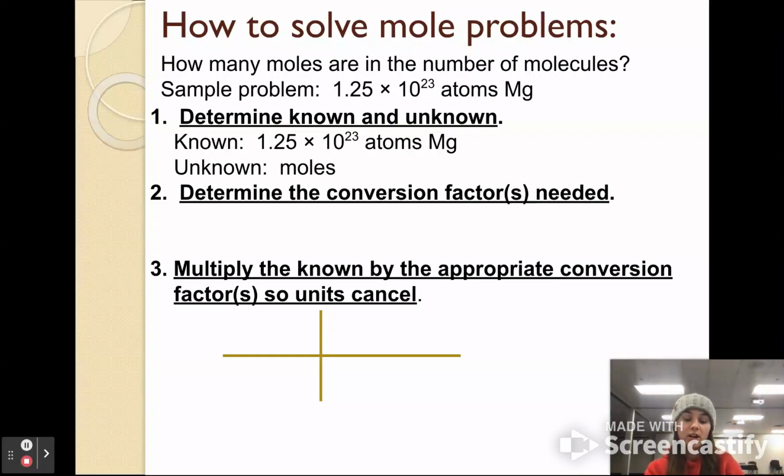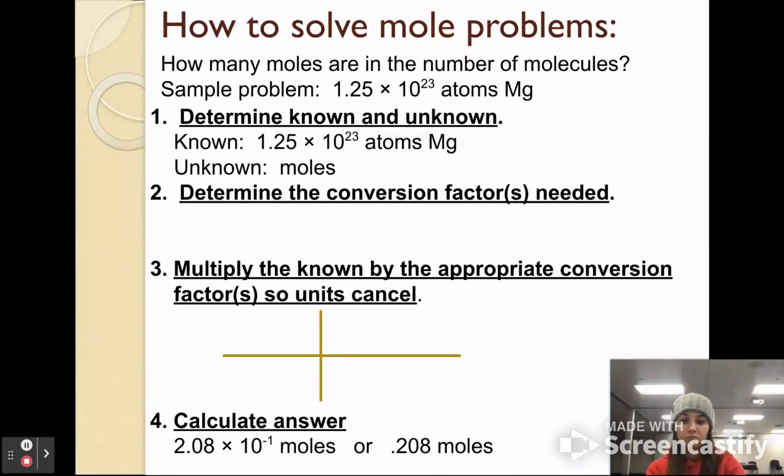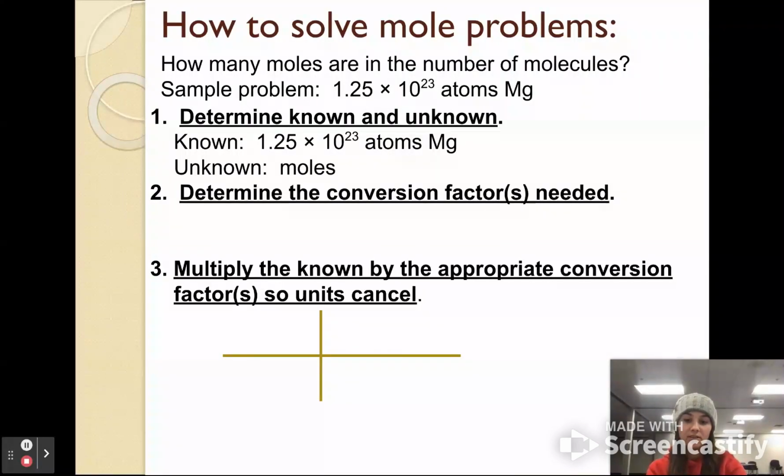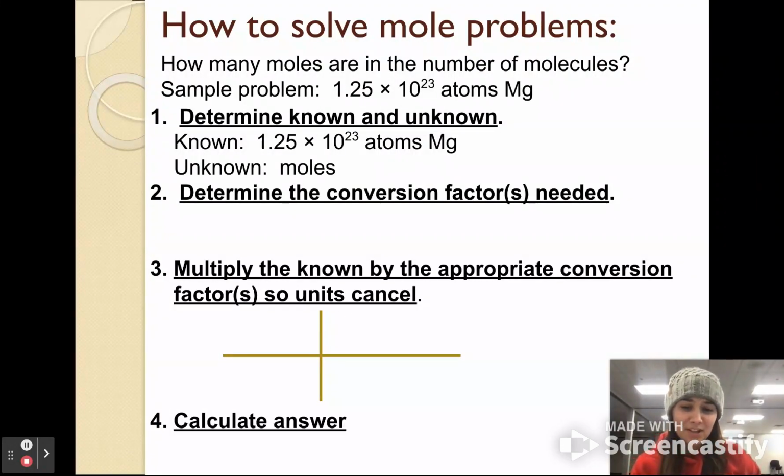So the first thing we want to start, this is step 3, multiply the known by the appropriate conversion factors so units cancel. So the first thing I'm going to start with is my known. I'm going to put it in the top left corner of my train track always. So my known is 1.25 times 10 to the 23rd atoms of magnesium. I'm going to put it in the top left. Sorry guys, anyways, you need to write this down.